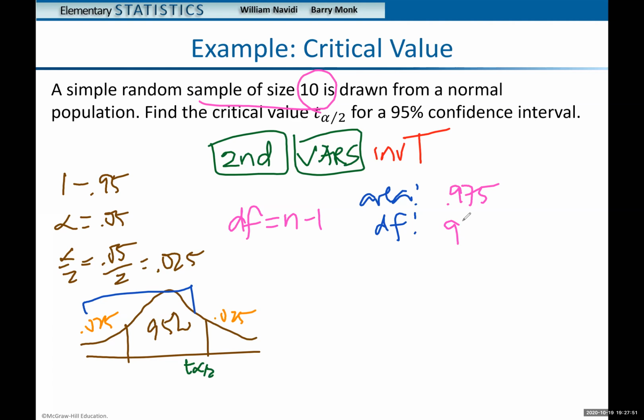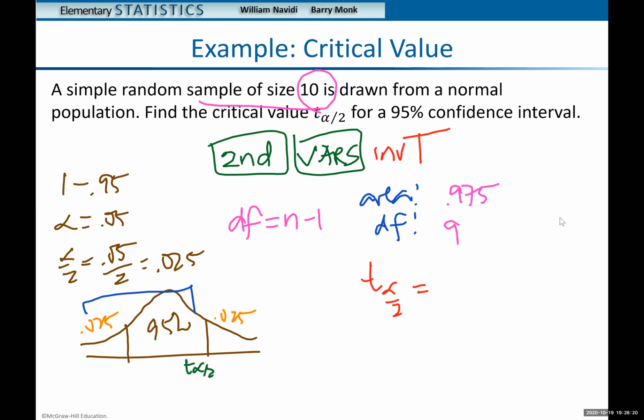What is the answer? In the parentheses, you type in the area and the df, just these two. 0.975 comma 9.